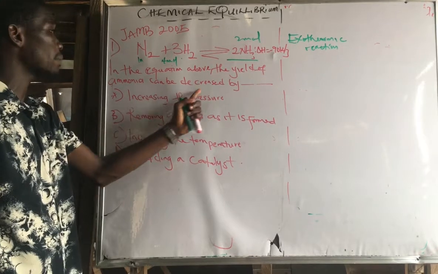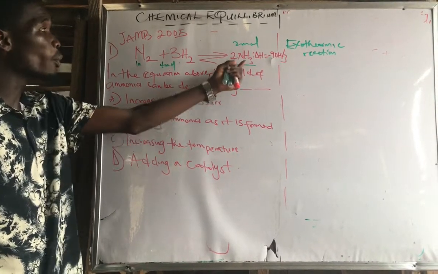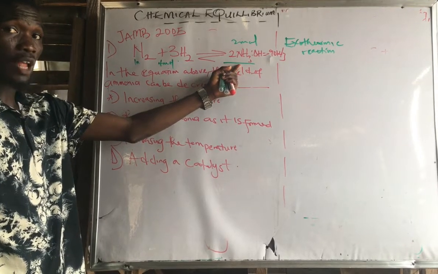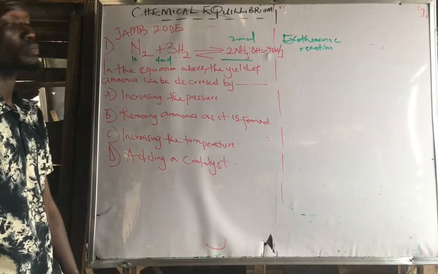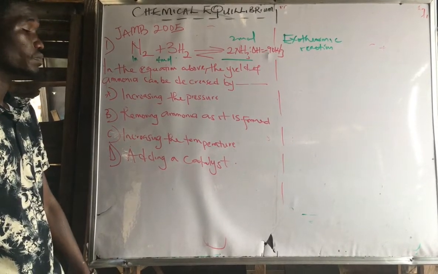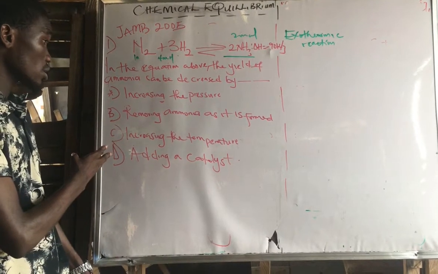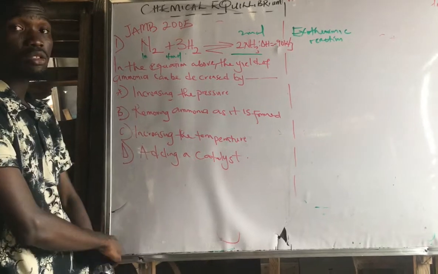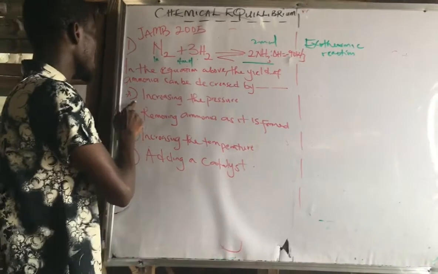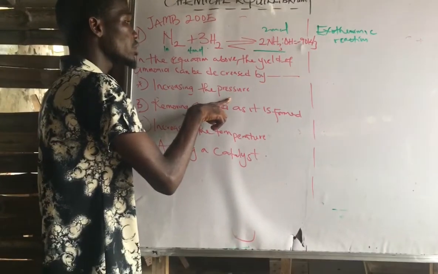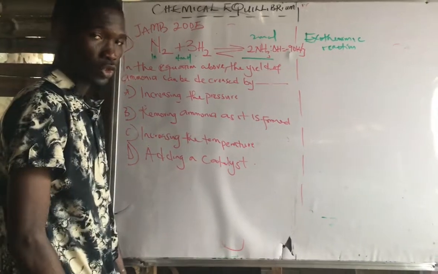The yield of ammonia can be reduced, can be decreased. So when you decrease ammonia, are you with me now? When you decrease it, what is the effect on that? So my answer for this is increasing the temperature or increasing the pressure. So our answer is increasing the temperature as the ammonia is yielded. So your answer is this.